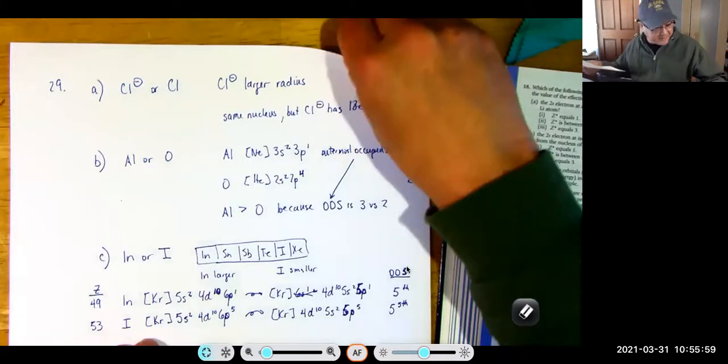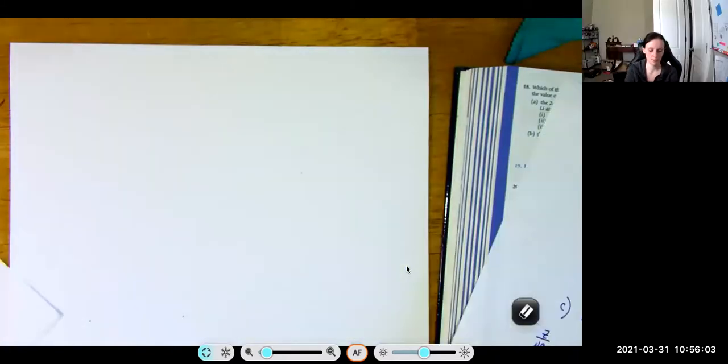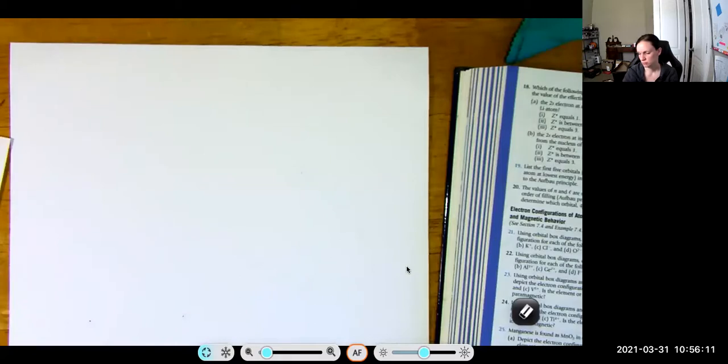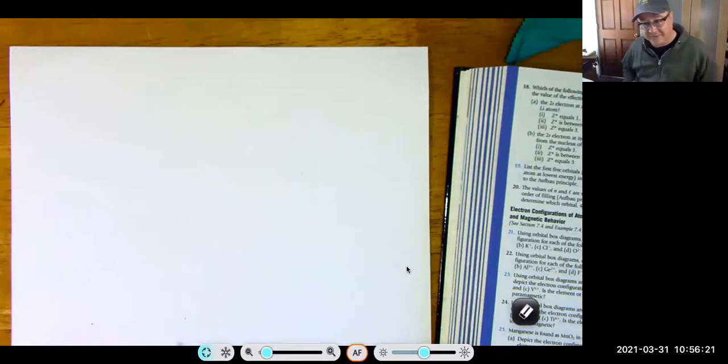Okay, what next? 34A asks about the most metallic character. Did we talk about, was that in lecture? Metallic. We didn't really talk about metallic character, but I think this one is pretty easy to answer. I would think the metal.